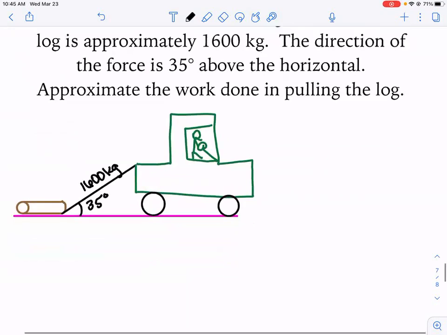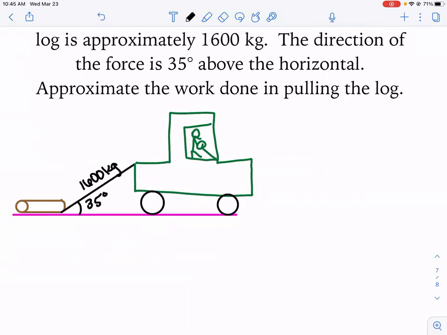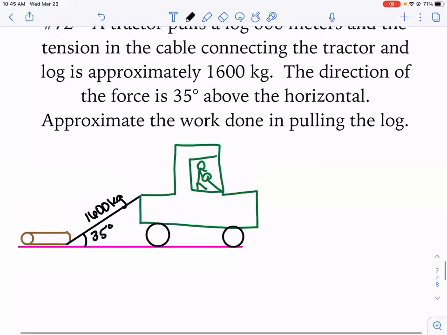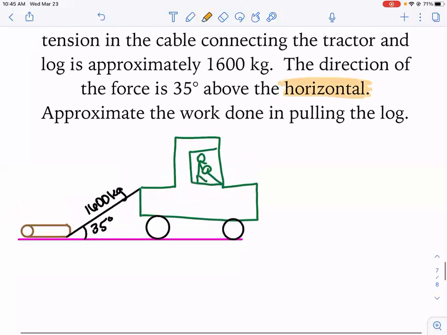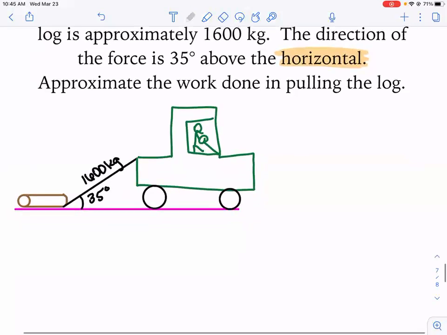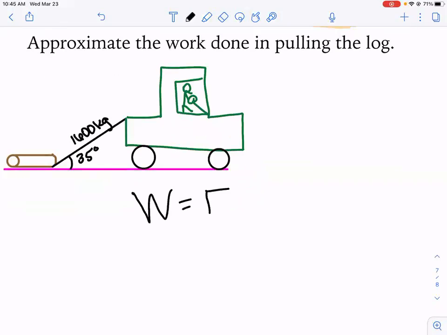Now, is the log moving at a 35-degree angle? No, the log is moving along the horizontal. So when we take work equals force times displacement, the force that is happening needs to be the component of the vector in which the direction of the movement is.